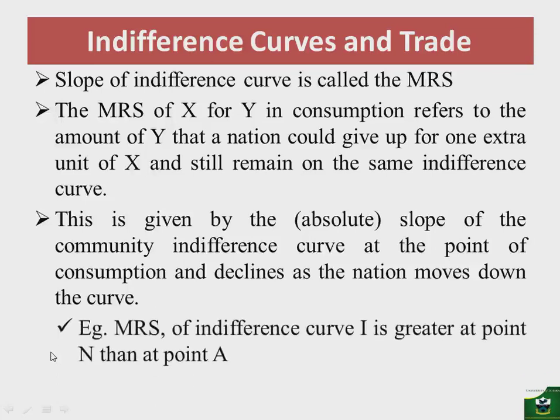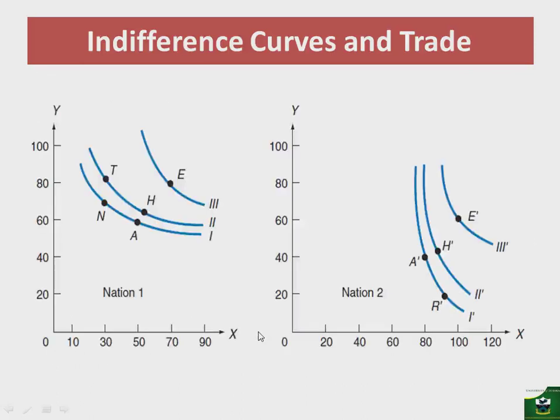Okay, so we looked at those 2 points, point A and point N. If you look at it here, point A is on a lower side, while point N is on an upper side, but still on the same indifference curve. So as you move down here, the slope at point A will be lower compared to the slope at point N. Because if you draw a tangent line here, it will be relatively steeper, and if you draw it here, it will be flatter.